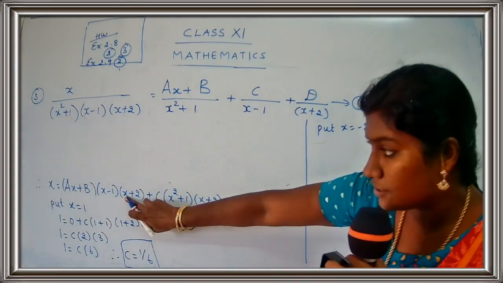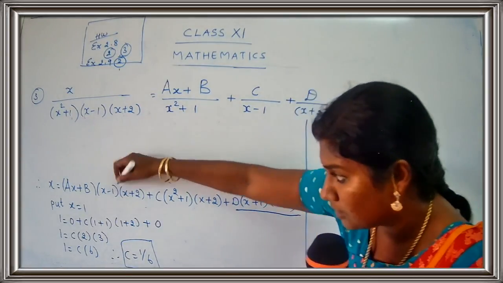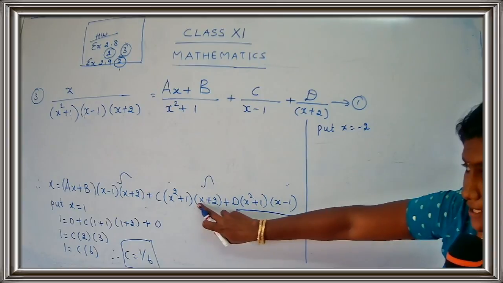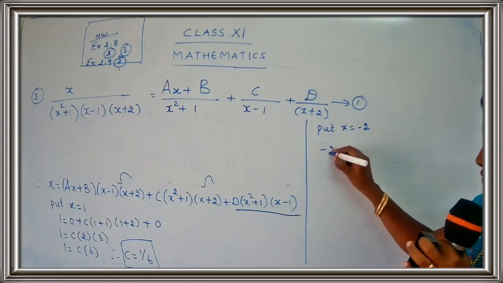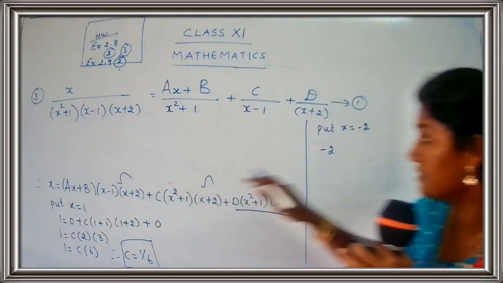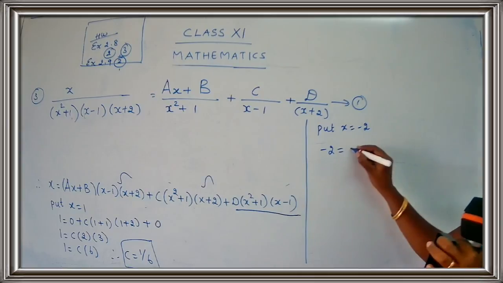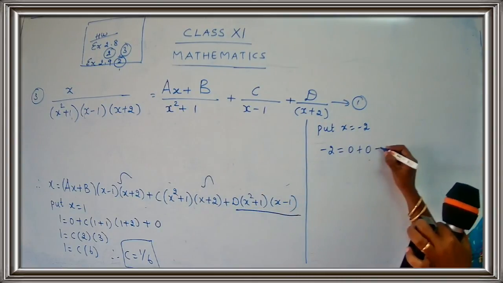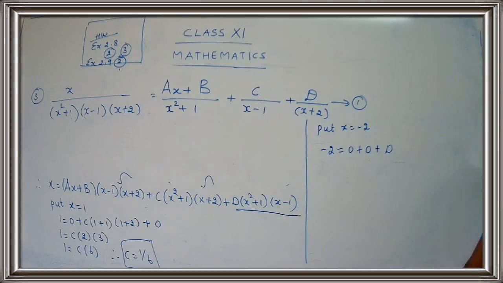So when I put x is equal to minus 2, this term becomes 0, this term becomes 0, and this term becomes 0. X plus 2, so minus 2 plus 2, 0. So what is left now here? Minus 2, x is here. So x means minus 2 is equal to, this term becomes 0, this term becomes 0, this is d, minus 2 square. What is minus 2 into minus 2? 4.